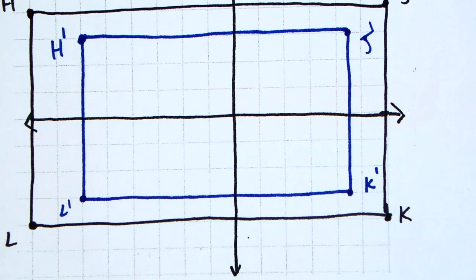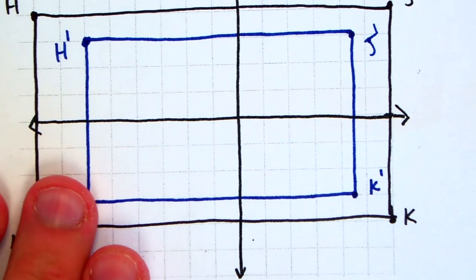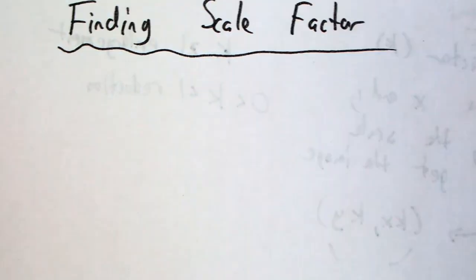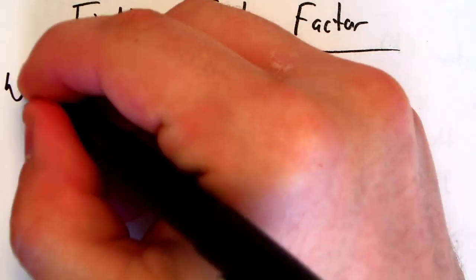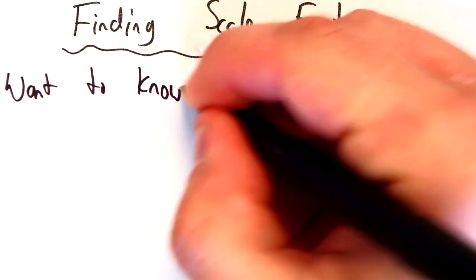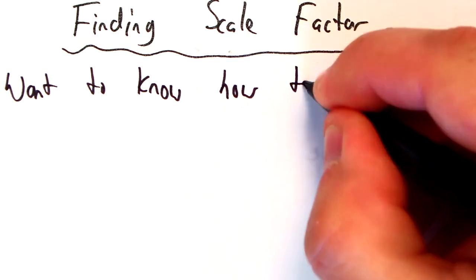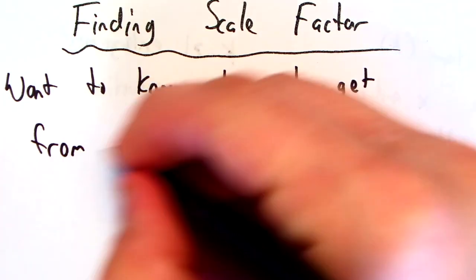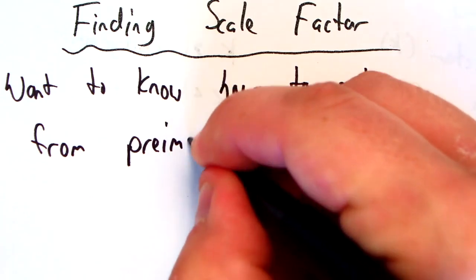Alright, so last thing that we're going to do, we're going to work on finding the scale factor. So when we find the scale factor, we want to know how to get from the pre-image to the image.